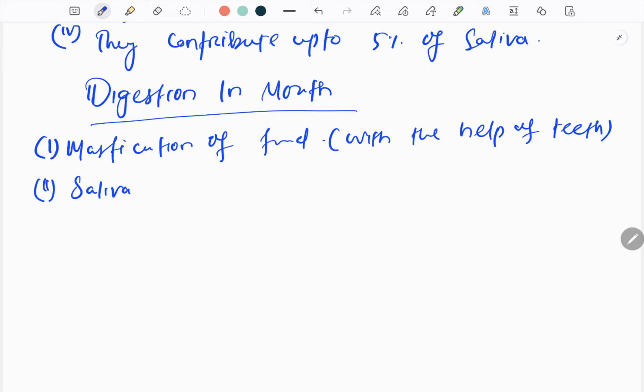Saliva mixes with the food and moistens it.